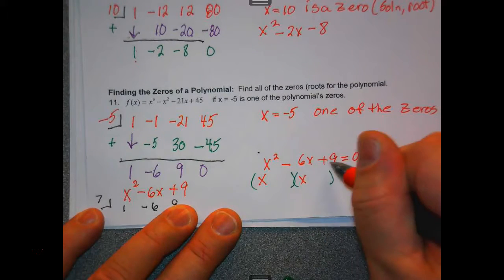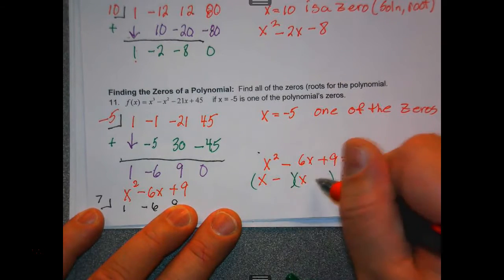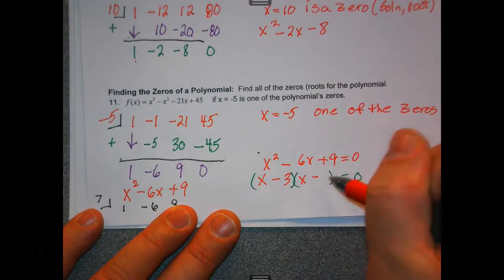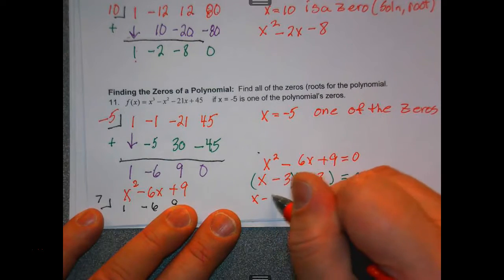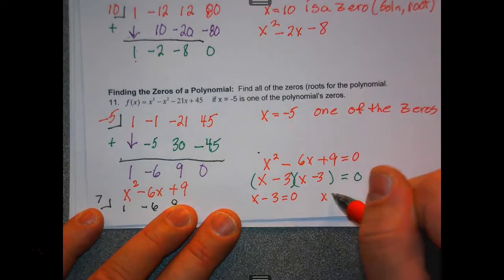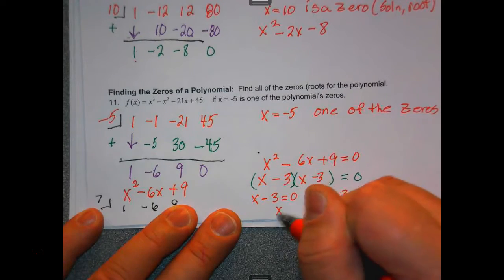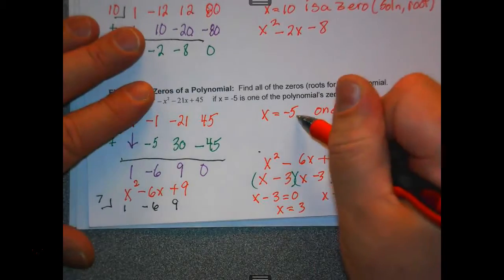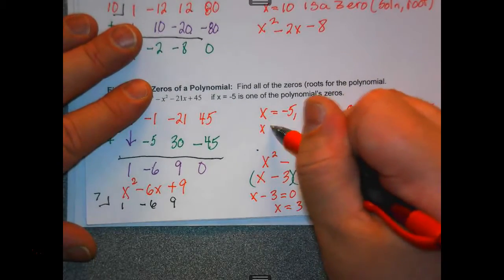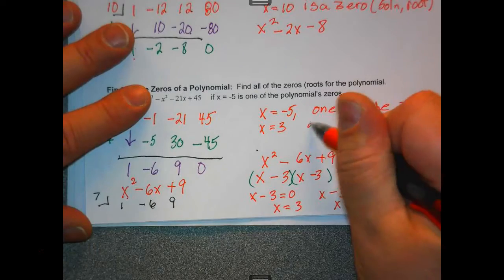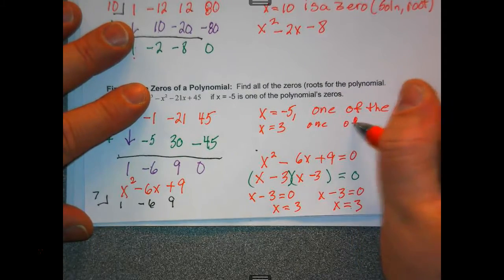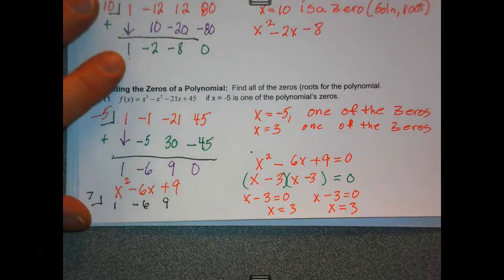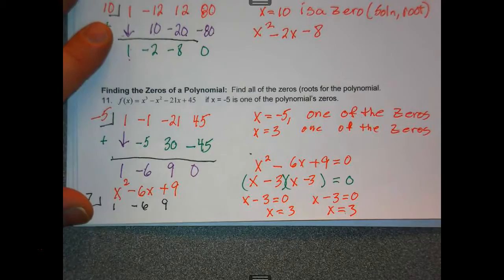X, that's positive, that's negative, so negative, negative 3. Set each one of these factors to 0, solve for x. So what are my other zeros? In this case, I only end up with 2 zeros, 3 and -5.